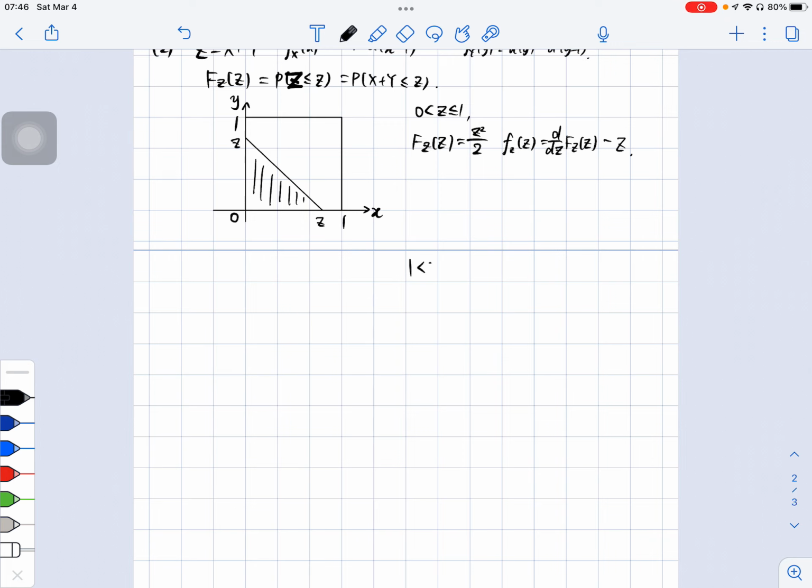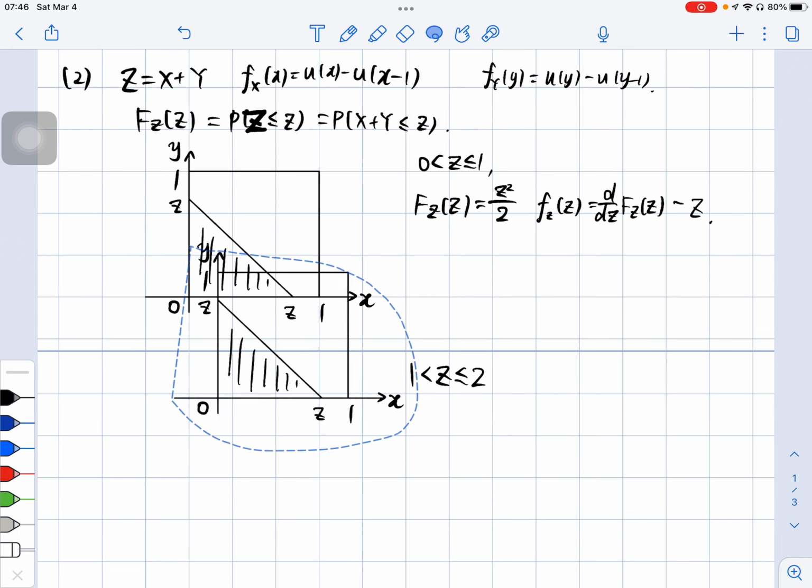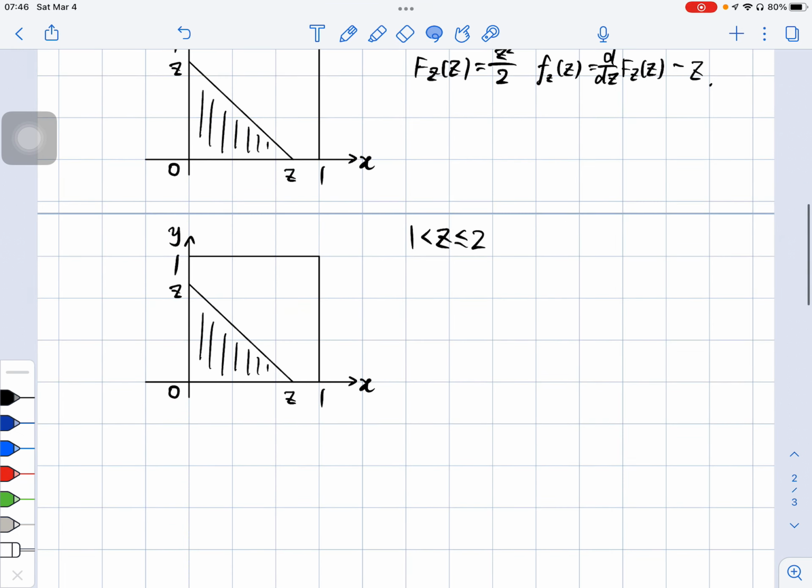When z is from 1 to 2, this time it is something like this. Now this is z and this is z.